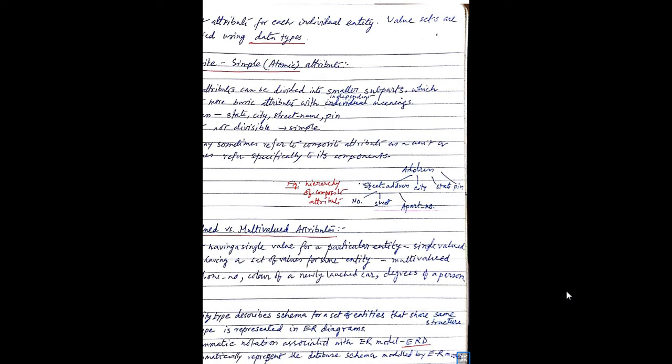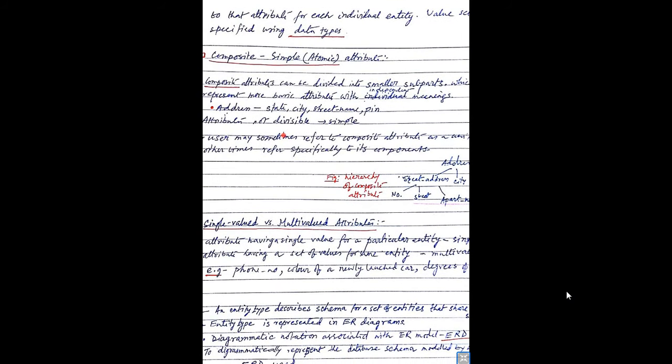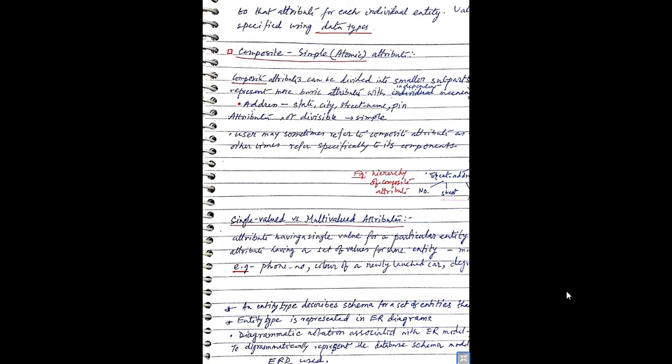Similarly, the name of a person may be subdivided into parts: first name, then middle name, then last name. So that is the composite attribute. Name is a composite attribute, address is a composite attribute, that can be broken into a number of subparts.